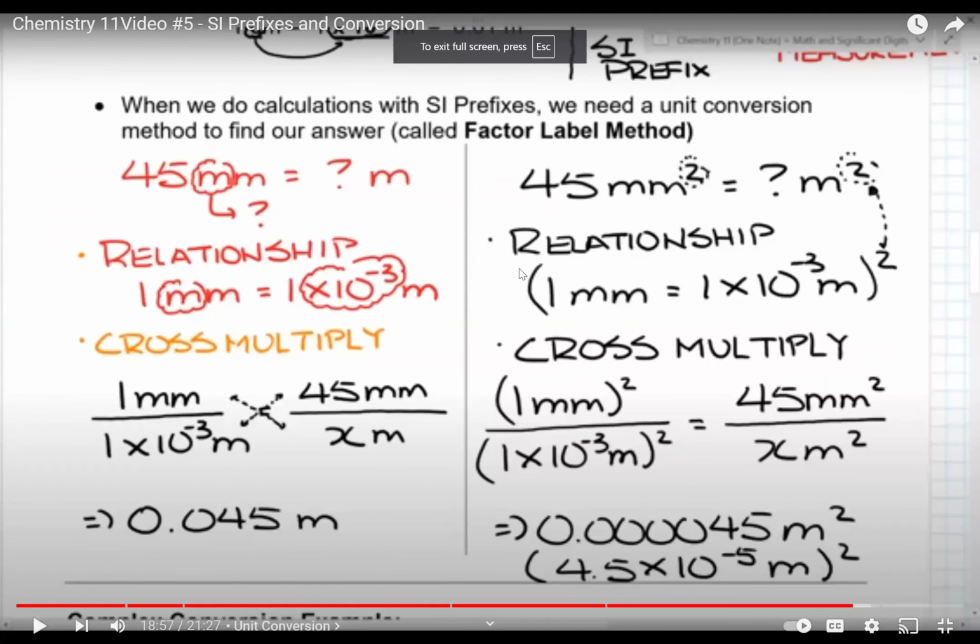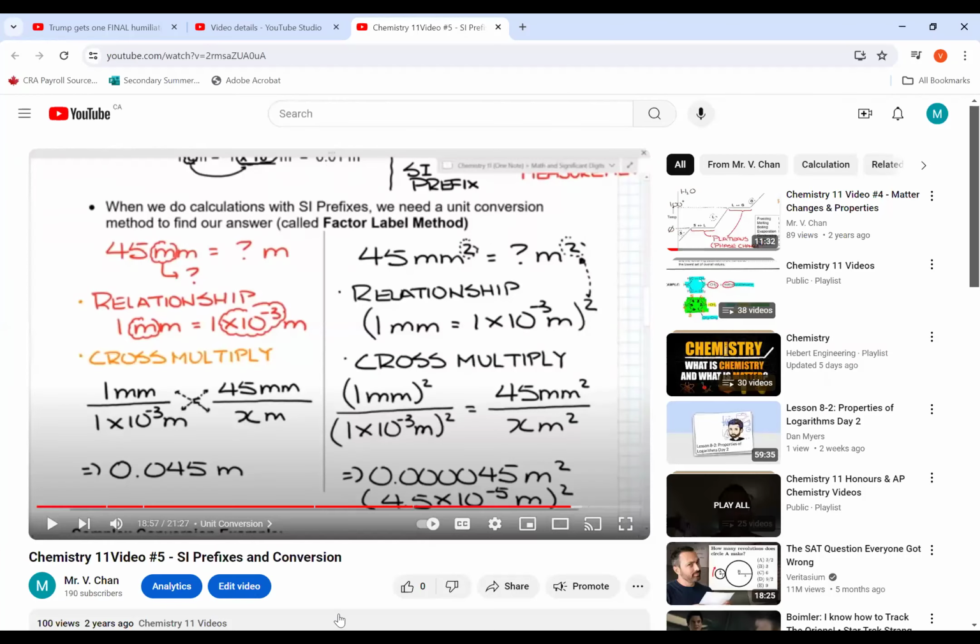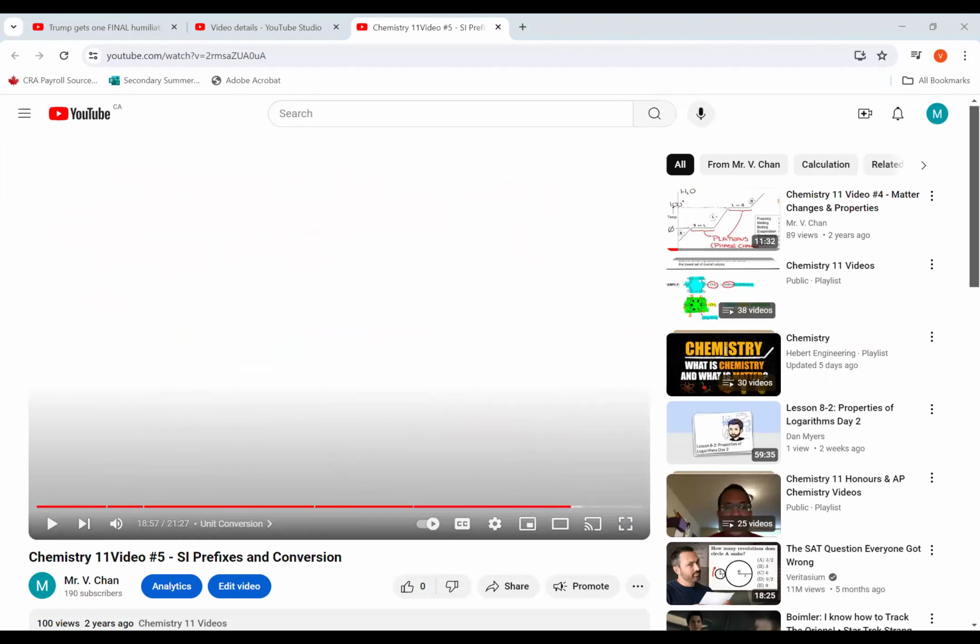This was back in my video, I believe, number 5, where we do the cross multiplication, cancel out the units, and that was how you got your answer. I want to copy this process and use it in the mole concept. So I'm going to give you a non-chemistry example right now, and then go through it with you.